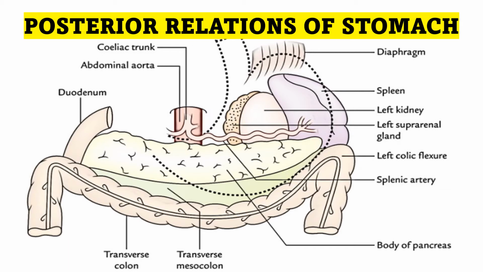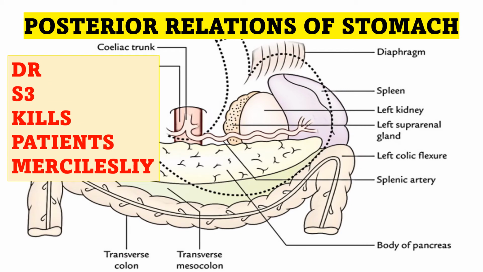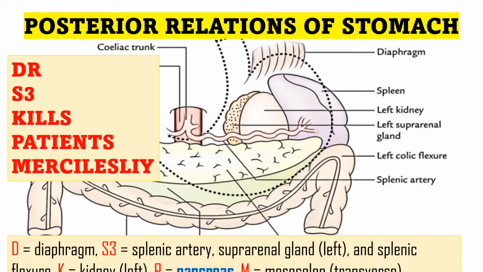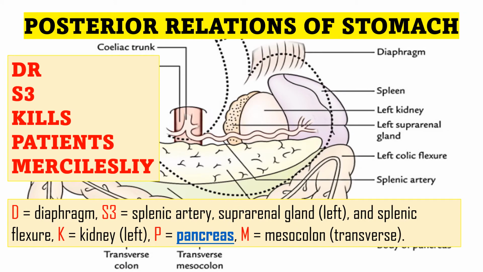To remember all the posterior relations of stomach, you can use the mnemonic Dr. S3 kills patients mercilessly, where D stands for diaphragm, S3 stands for 3S: splenic artery, left suprarenal gland, and splenic flexure. K stands for kidney, P stands for pancreas, and M for mercilessly stands for mesocolon.